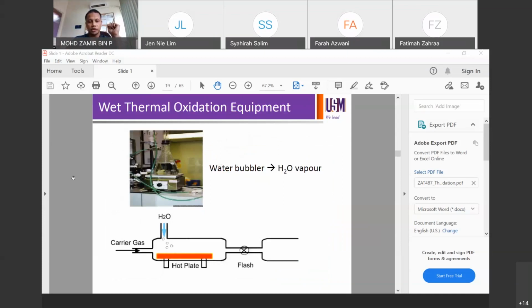In fact, you can also see this in our lab, in our furnace lab, dekat ground floor, where you can use a water bubbler to vaporize water in order to get water vapor before it is sent into the furnace or it is sent into the tube for oxidation process.